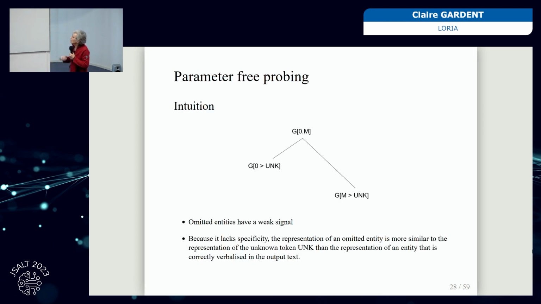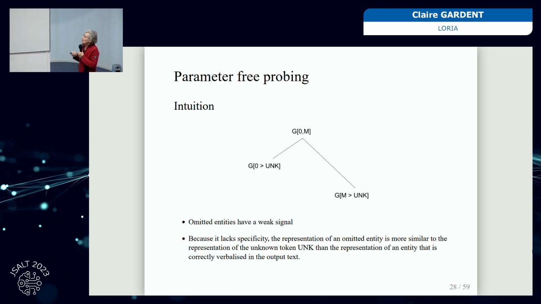Okay, so as I said, we have two probes. The first one is parameter-free, so it's not a sort of classifier, it's not something you train. It's basically just comparing. Remember, our hypothesis was that the omitted entity has a weak signal.